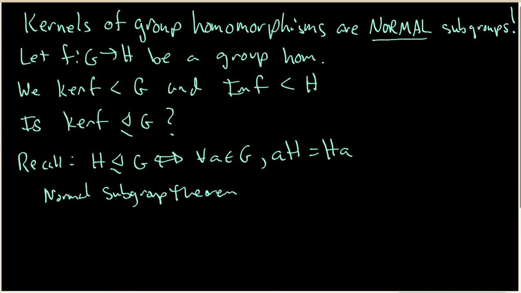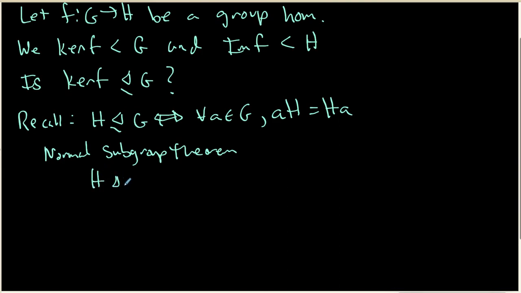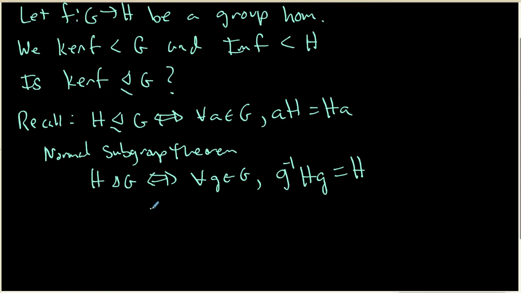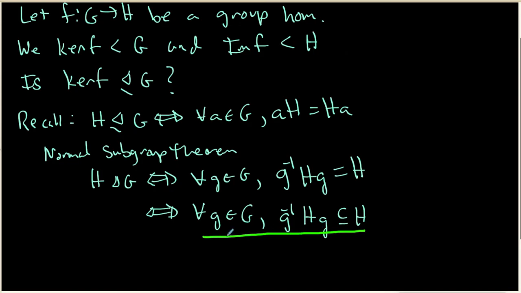It says that H is normal in G if and only if, for every element g inside the group G, g inverse times H times g is equal to the subgroup H. But the condition can be weakened to read, for every g inside G, the conjugate subgroup g inverse H g is a subset of the subgroup H. If we happen to have this condition, that is enough to force that H is normal in G. And that's how we're going to investigate whether or not the kernel is normal inside G.